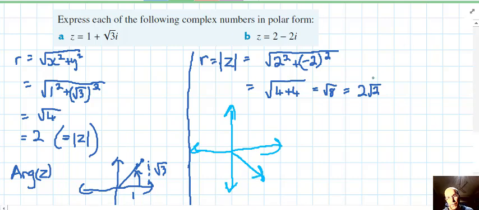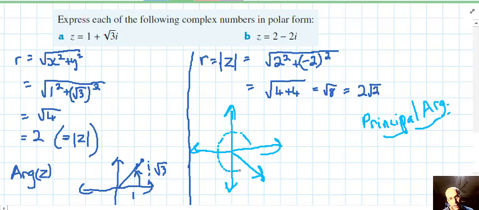Remember we're going to have to look at the principal argument once we get close to the end, so I tend to do that bit last. I crunch first. So without considering the principal argument for a moment, anti-clockwise it's travelled around that angle there. So the argument has moved through there, temporarily ignoring the principal argument.